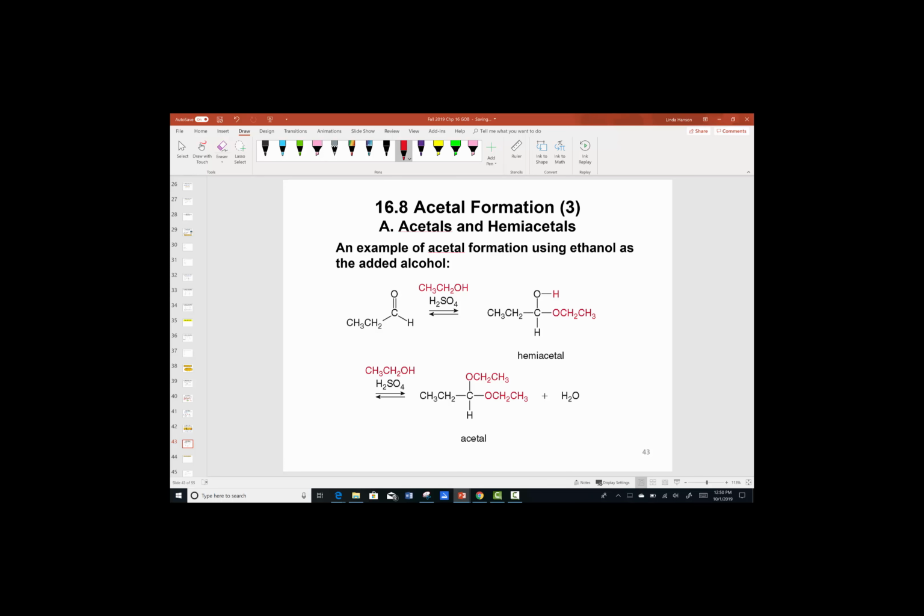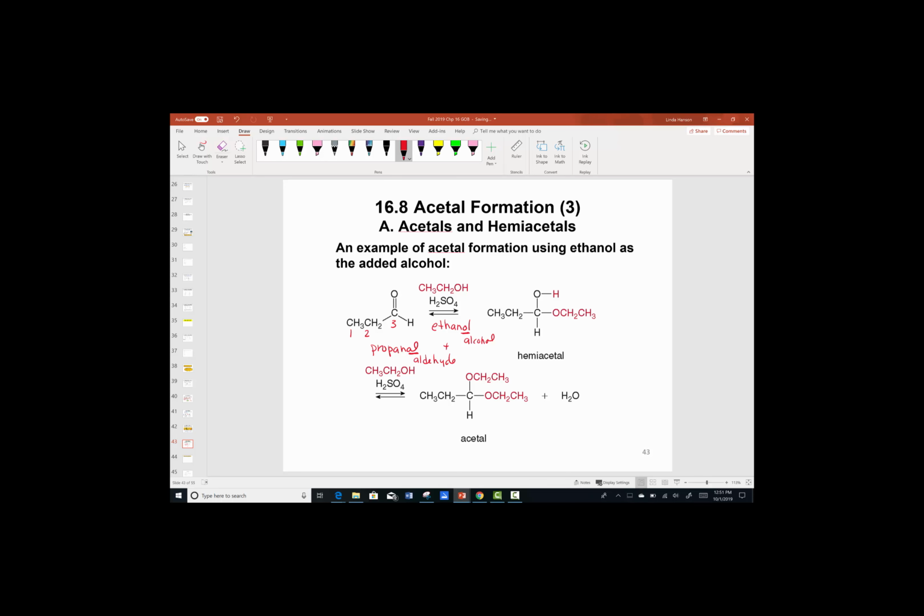When we think of using propanal, which is this carbon chain we just drew a moment ago, this is propanal. In the presence of ethanol, the OL ending meaning alcohol, the AL ending meaning aldehyde.